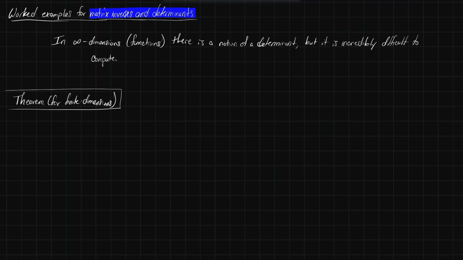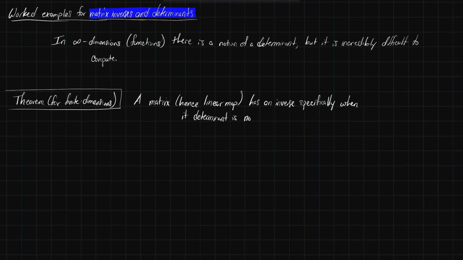The theorem stated that a matrix, and hence its associated linear map, has an inverse specifically when its determinant is non-zero. So this notion of checking if the determinant is zero is really useful for checking if you have an inverse, because it tells you if you should even go about trying to find an inverse.